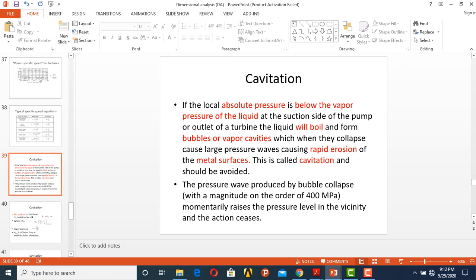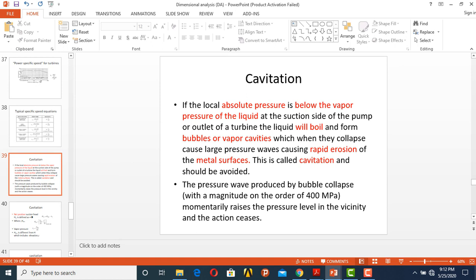So the pressure waves which are produced by bubbles which collapse are of great magnitude, of the order of 400 megapascals, which is so great. So they are small jets, at microscopic level, which come from those bubbles. They move at a high velocity, and when they come against the wall, they start pitting, start eating up the surface because of the high impact from that jet, small at a macroscopic level.